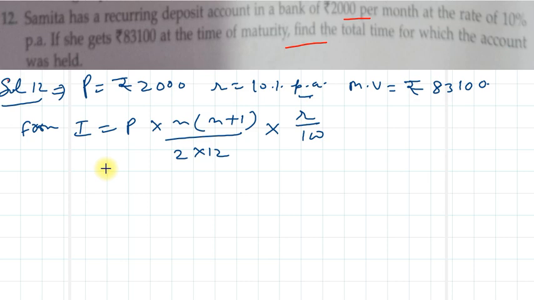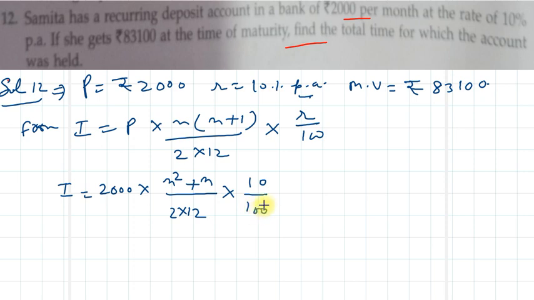So now I would become 2000 into n square plus n upon 2 into 12. R is 10 upon 100.